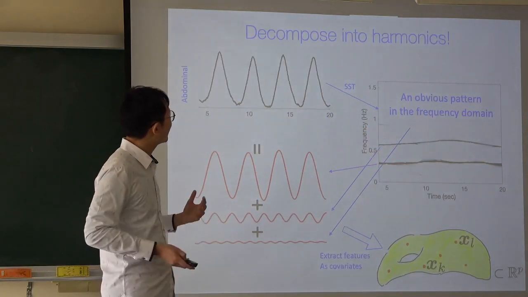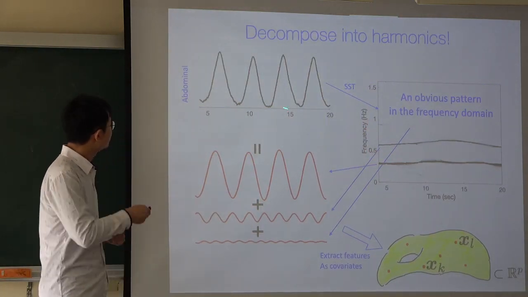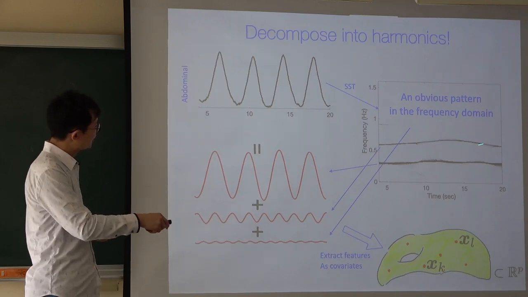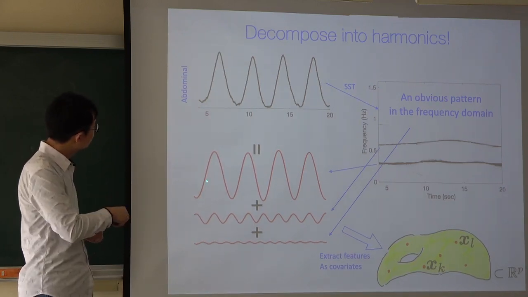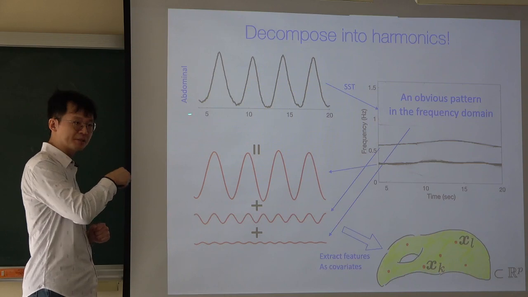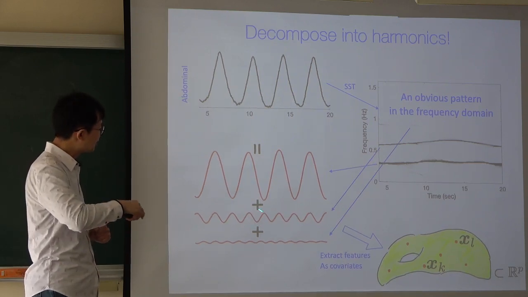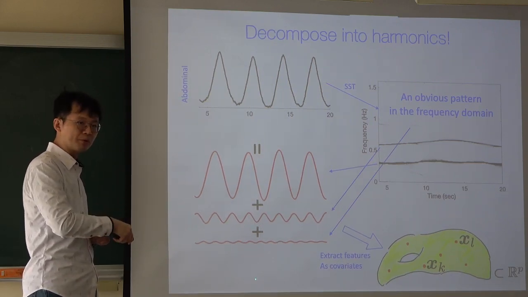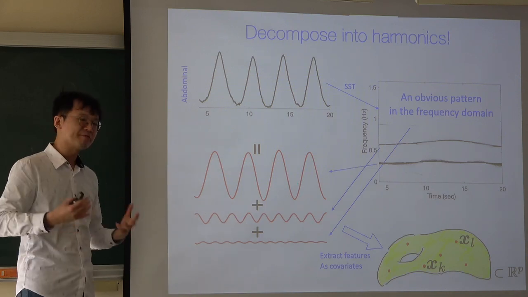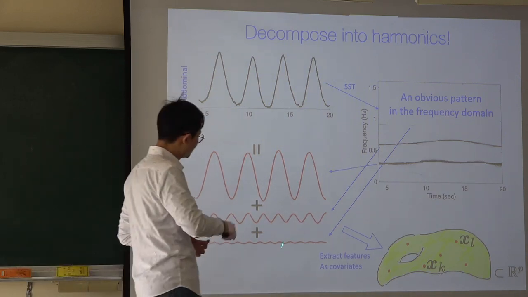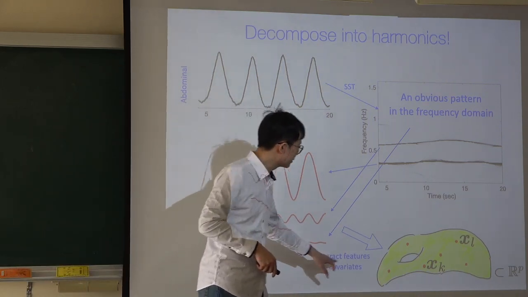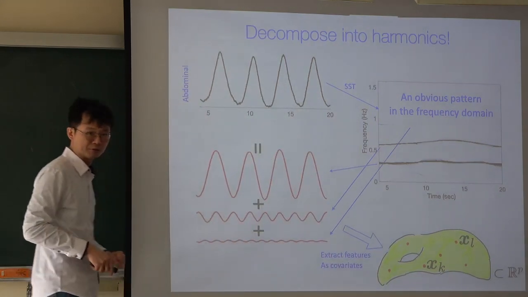The proposed idea is very simple. We decompose the signal into different components. This is the abdominal signal decomposed into harmonics. And for these harmonics, we can design some features. These features, it turns out, we can assume to be located on some low-dimensional manifold.